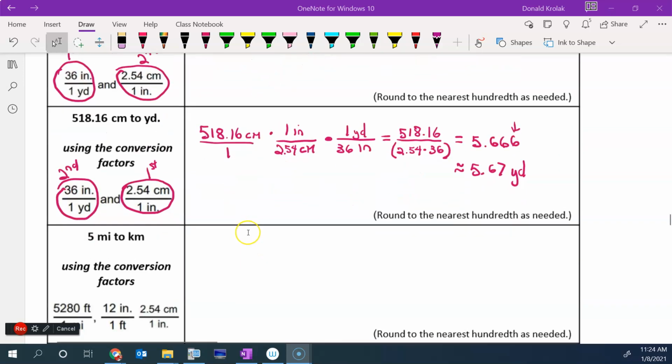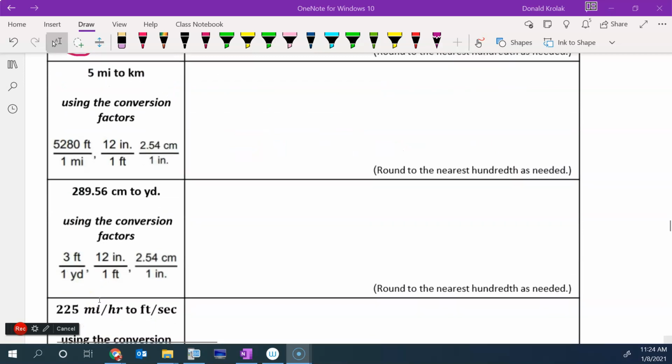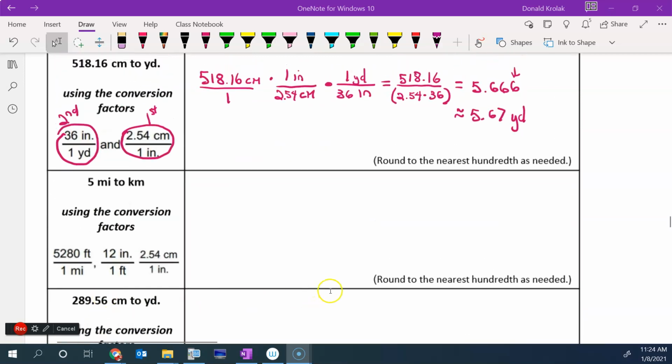All right. Now you can have chains of conversions. This one's got 3 conversions in it. Right? So I got to have miles. Oh, this one's just what I need.